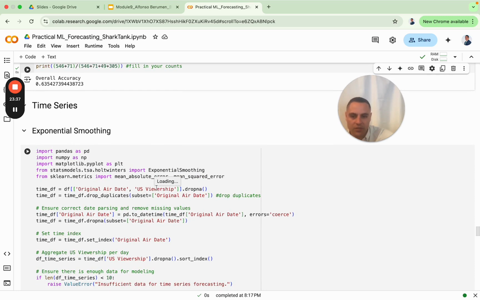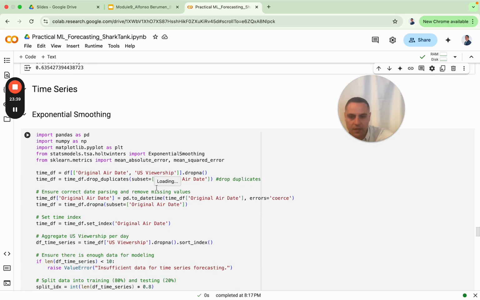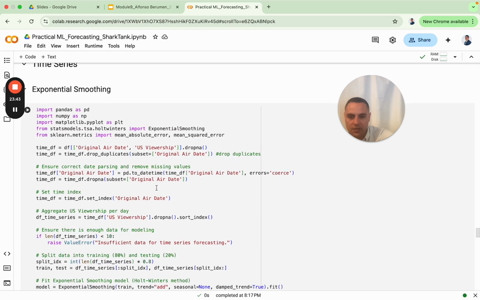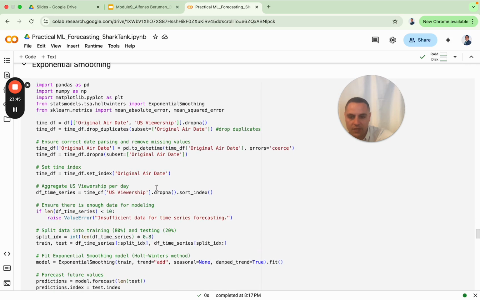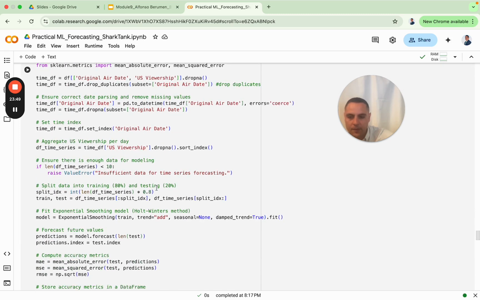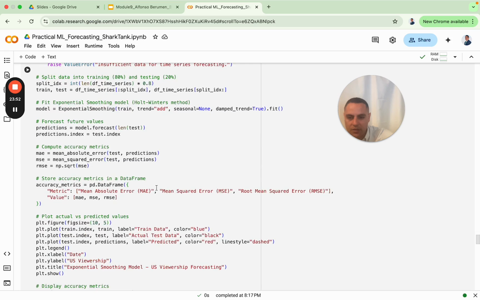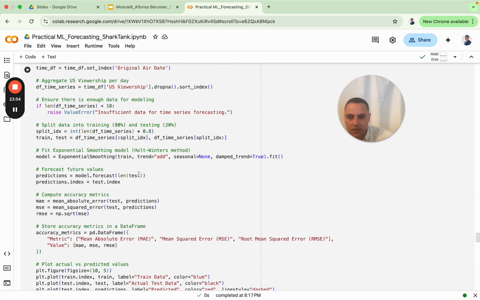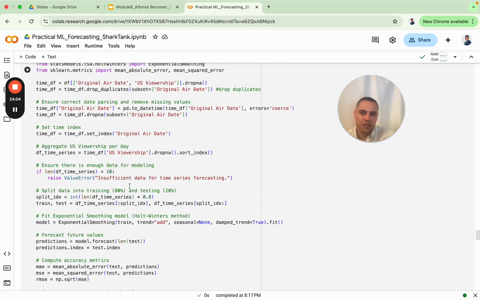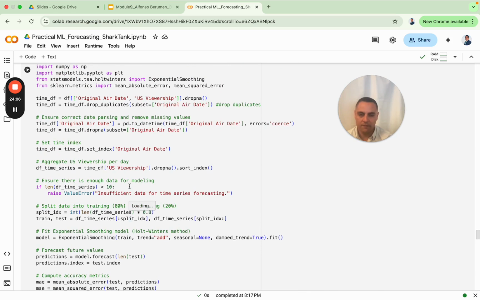So we might predict or forecast the viewership. That's going to be our dependent variable, and we're going to use the original air date as the time period. We're first going to fit an exponential smoothing model and also develop our accuracy metrics. But in this case, we're going to use a training and test split.